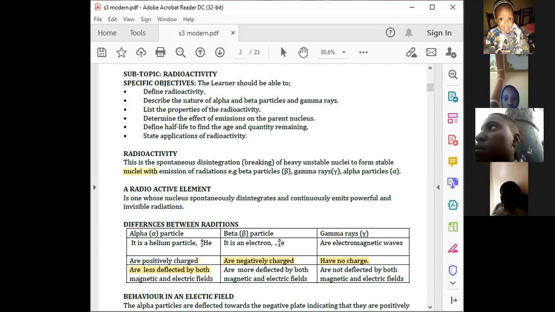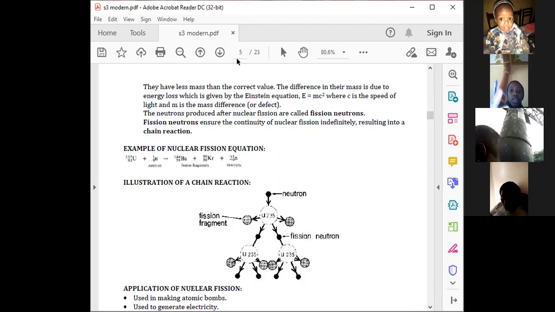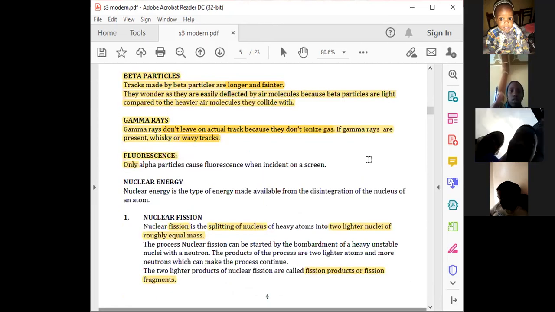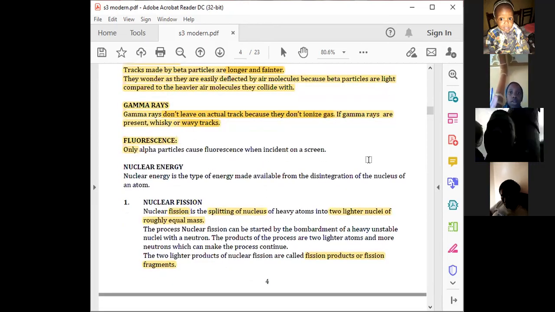Okay, nuclear energy. So the more chemistry now comes in here.